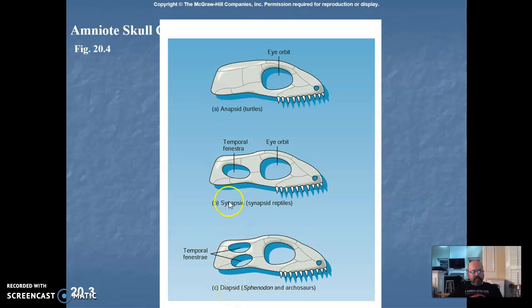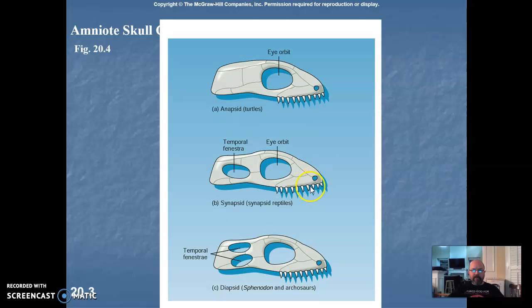There's a third group called synapsid. Syn means to join together, and what we see is a single opening, but we think that that single opening is not just a single opening. We think that it is the two temporal fenestra of a diapsid that have joined together. This little piece of bone between them disappeared, and two openings became one opening.